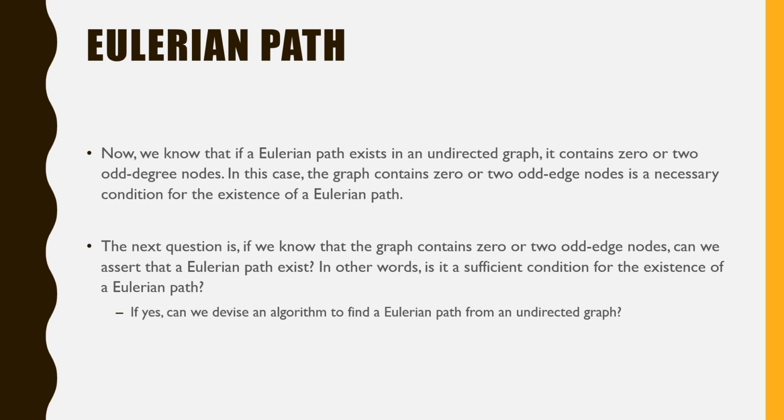However, is this condition also sufficient? In other words, if a graph has exactly 0 or 2 nodes with odd degrees, can we guarantee that a Eulerian path exists? More importantly, if a Eulerian path exists, how can we efficiently find it?